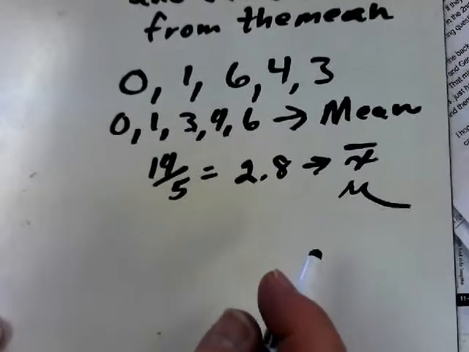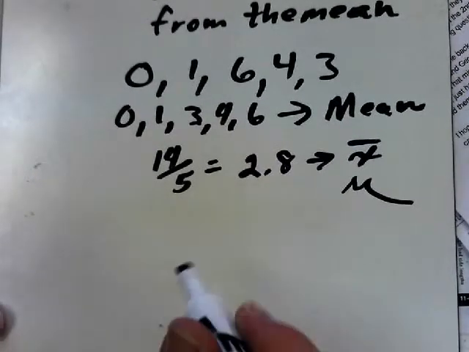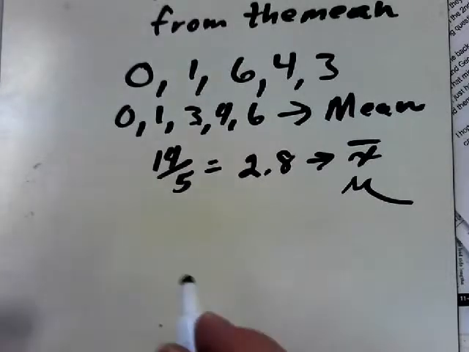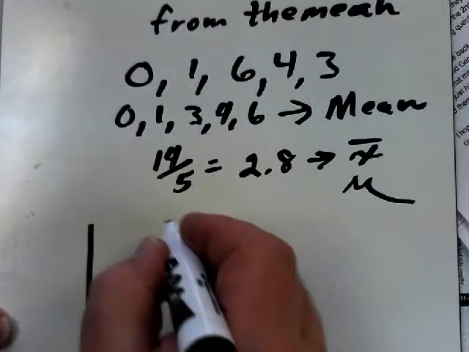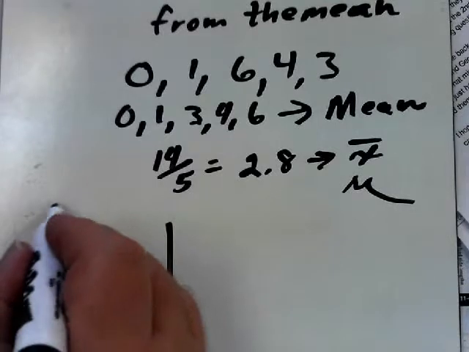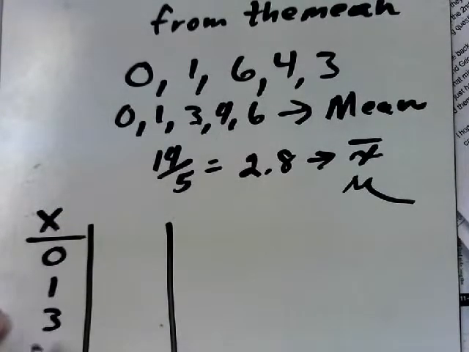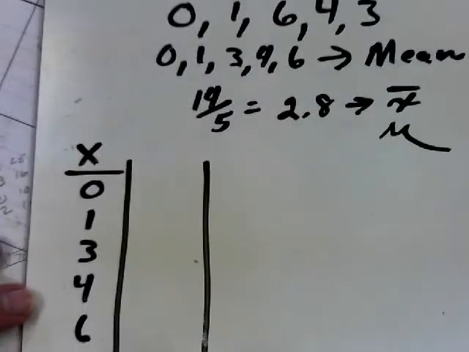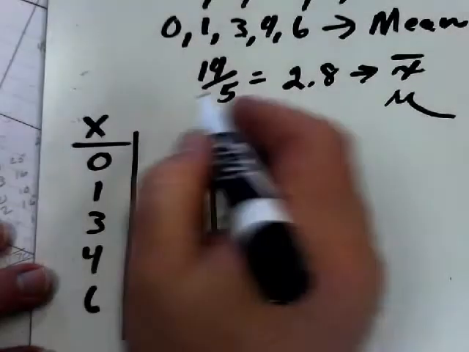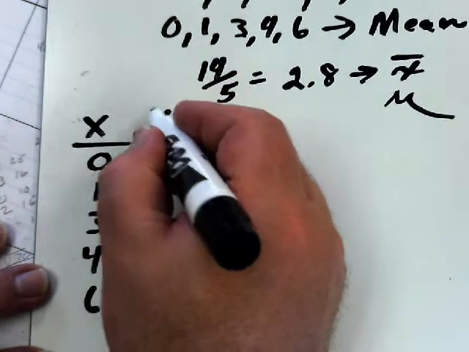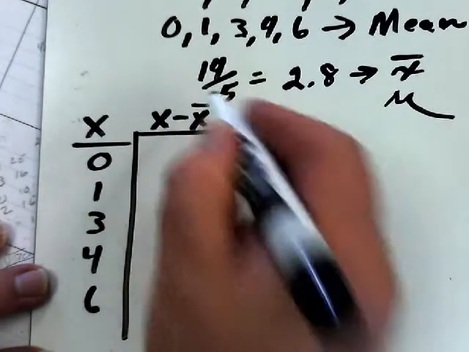So finding standard deviation actually looks like a complicated formula, but set up a table. You're going to list all your x's. So I'd have 0, 1, 3, 4, 6. Then I'm going to take x minus the mean.